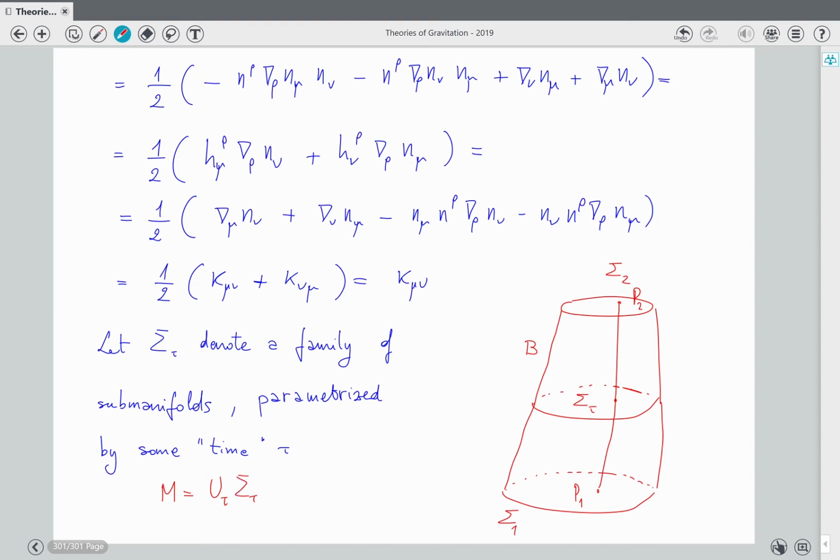So again, this is a picture where we will imagine M as the entire manifold enclosed in this, but M is non-compact, so we will have to take sigma 1 to minus infinity in time, sigma 2 to plus infinity in time, and B will become infinitely large to cover the entire R3. Anyway, this is called foliation of the manifold.